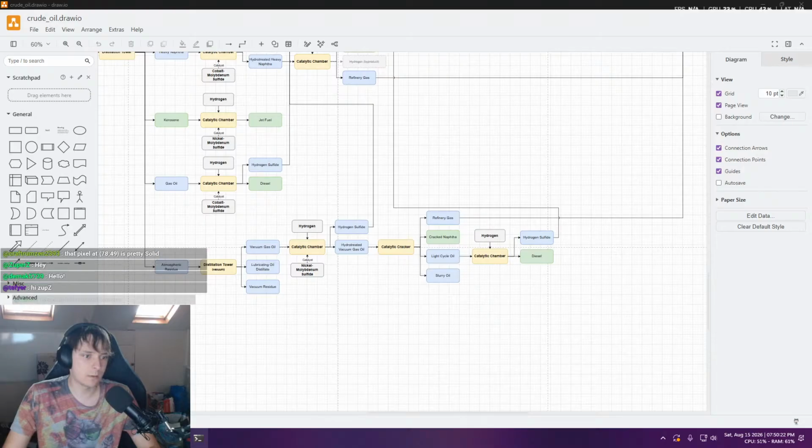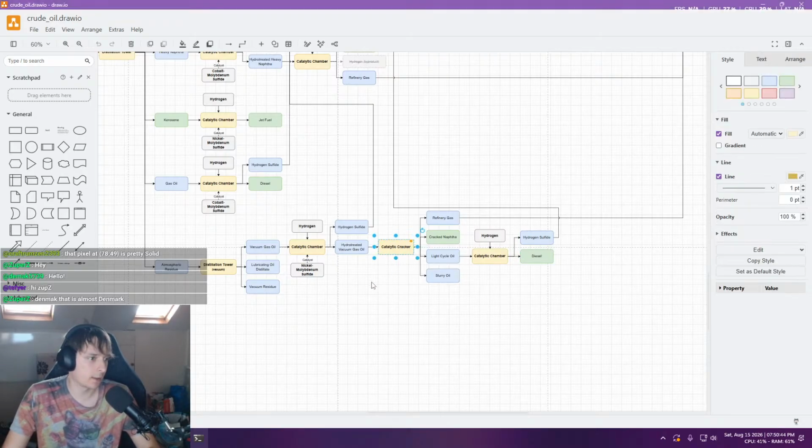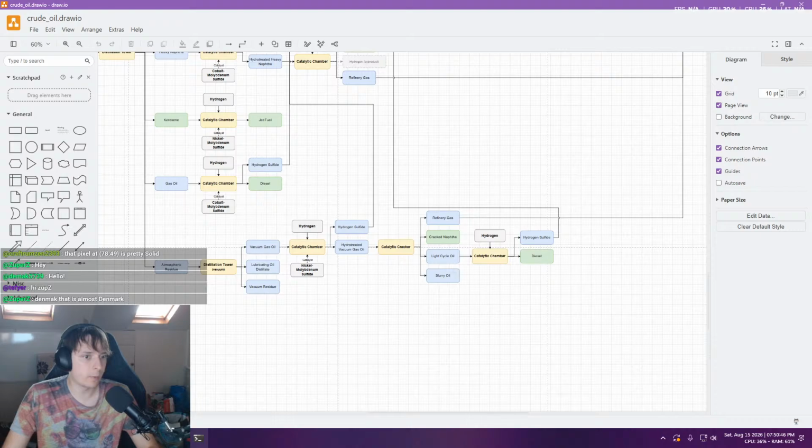So that's the one we want. I could be incorrect though. I'm actually going to check. Yeah, I was correct. The catalyst goes into the catalytic cracker here. So that's what we're going to be working on today.